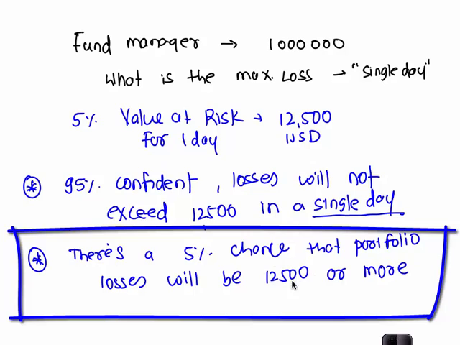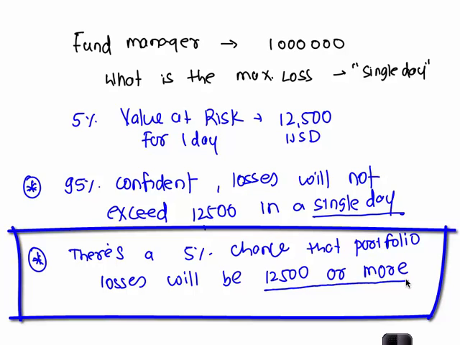Again, what it is telling us is that there is a 95% chance the portfolio losses are not going to be more than 12,500. That's the maximum loss, value at risk. But there is a 5% chance that the losses could be more than 12,500.